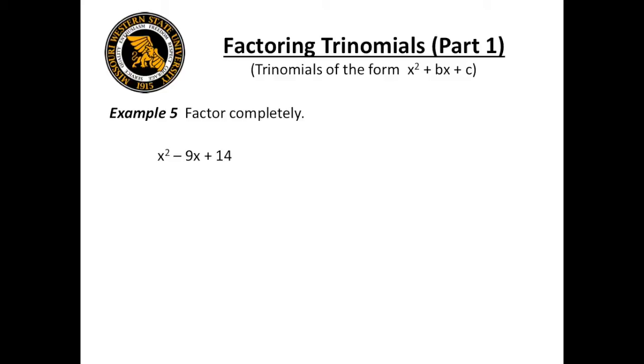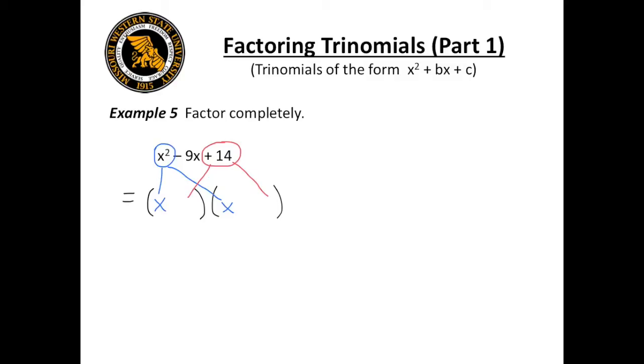In example 5, we have the trinomial x squared minus 9x plus 14. Setting up our product of binomials, placing our factors of x squared in the front, we now need to concern ourselves with determining the factors of positive 14 to put in the back of each binomial.